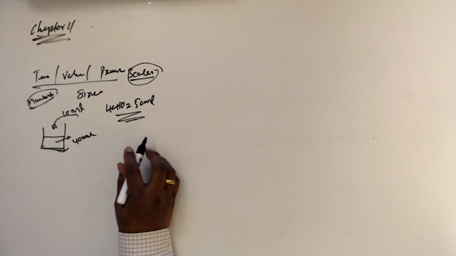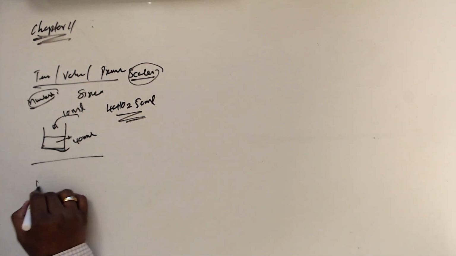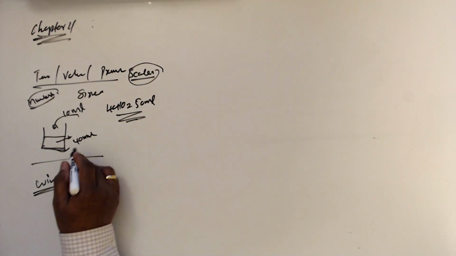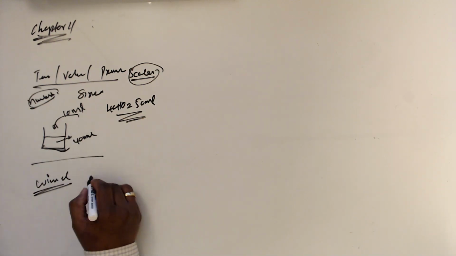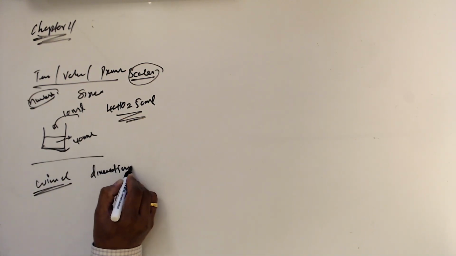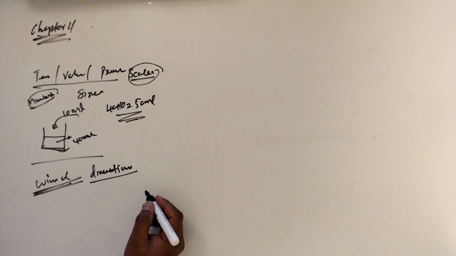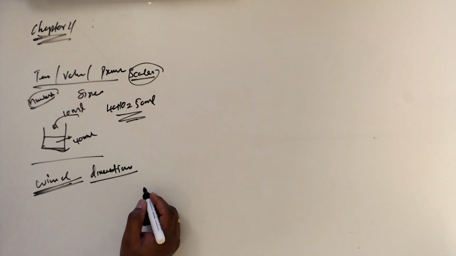Likewise, but some physical phenomena like wind, we need not only the size, but we also need the direction. For example, assume if I tell 200 km per hour, the wind speed is 200 kilometer per hour, so you don't feel it.